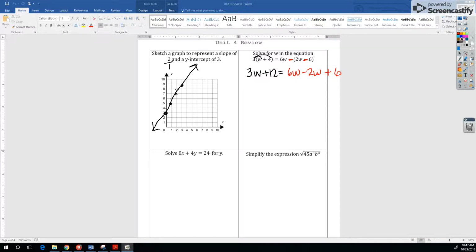Okay, combine like terms. So 6W minus 2W is 4W. No more like terms, so now I do my inverse operations.